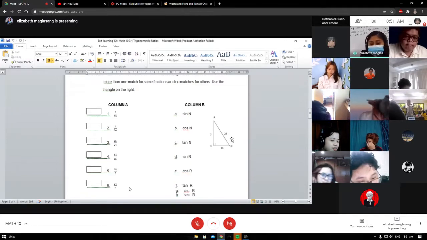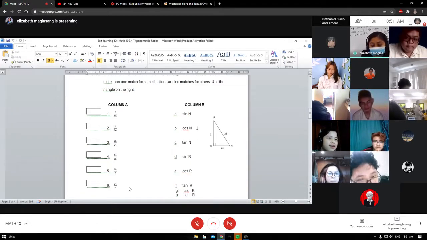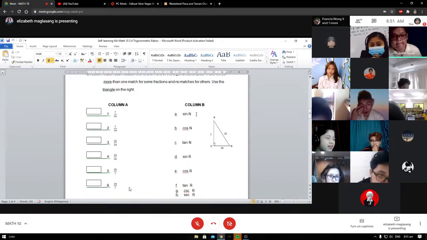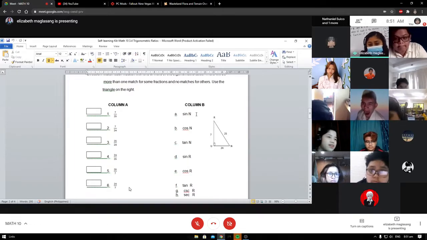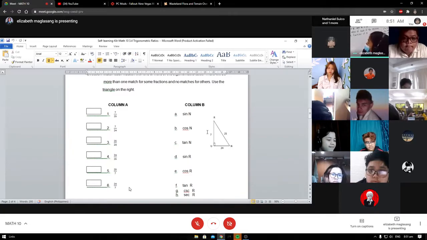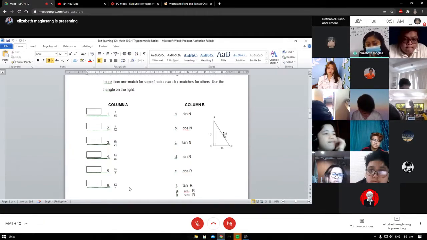If you are given sine N, can you give me the answer? 7 over 25. How did you get 7 over 25? We have sine N, the theta is N, so the opposite is 7 and the hypotenuse is 25. So your answer is 7 over 25.